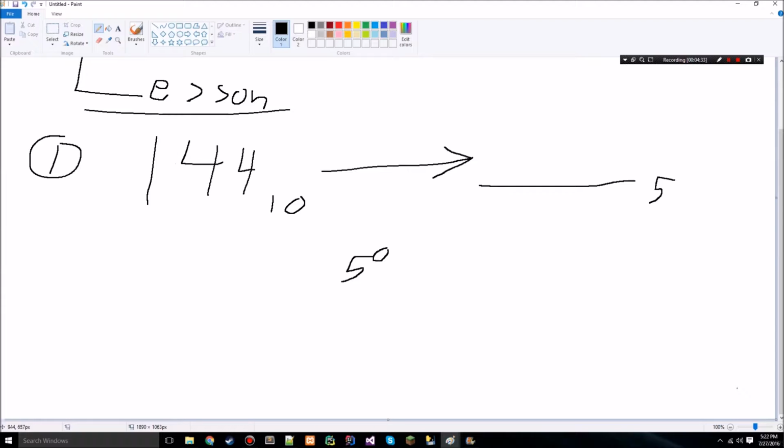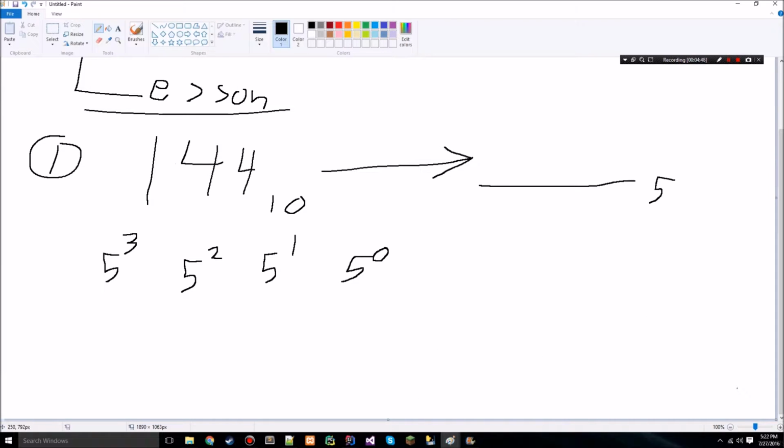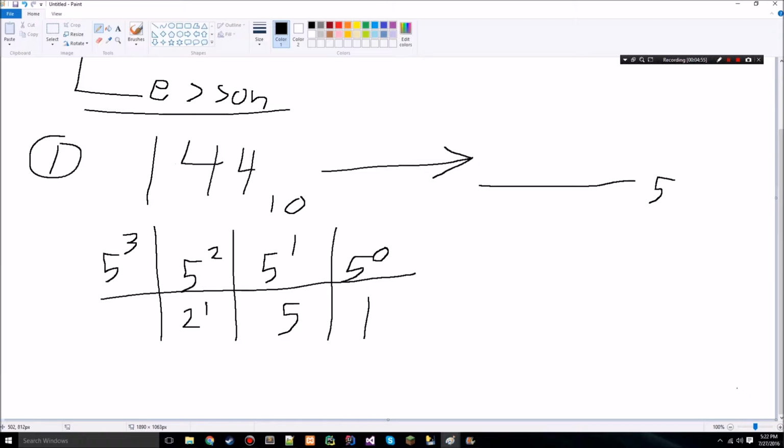So 5 to the 0, 5 to the first, and you do this until you reach the largest number less than your number. 5 cubed, and these all equal: this equals 1, this equals 5, this equals 25, this equals 125. If we did 5 to the 4th, that'd be 625, so we don't need to do that.